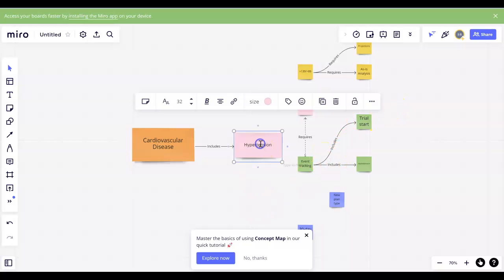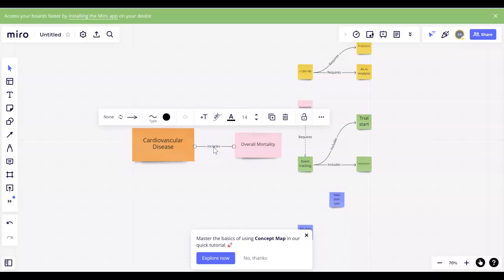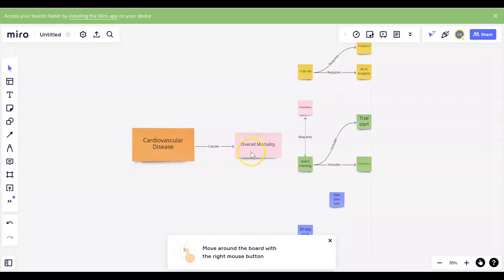So cardiovascular disease, maybe you're just interested in overall mortality, right? And so on a longitudinal study, in that level, you're trying to look for that. So instead of saying includes, we can replace this and say causes. And this could be your potential hypothesis that you're testing.